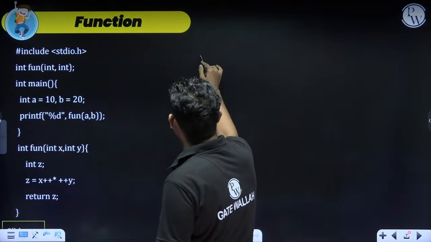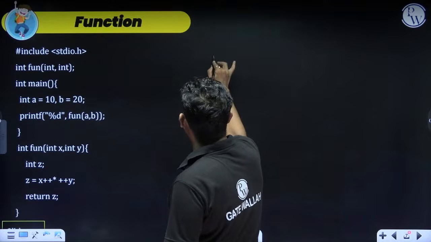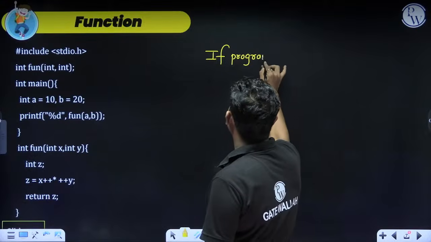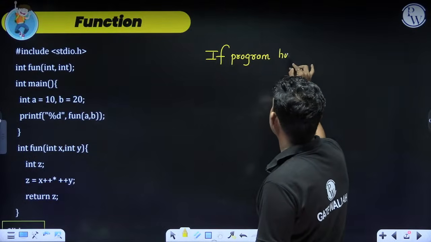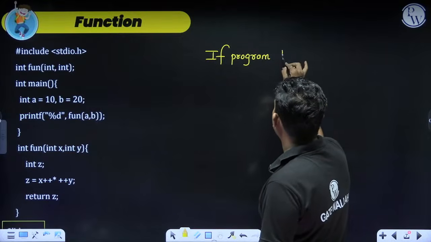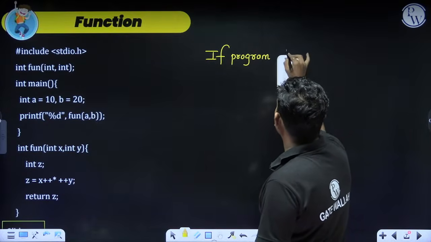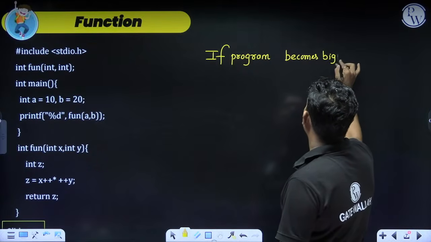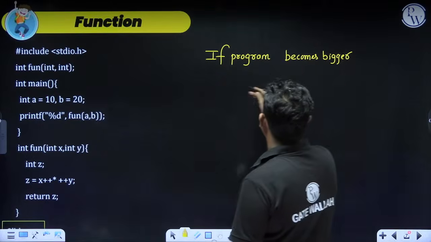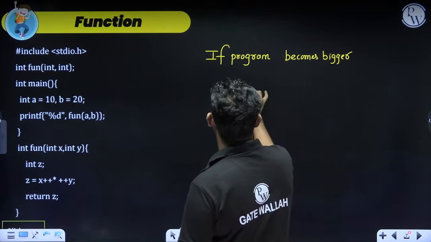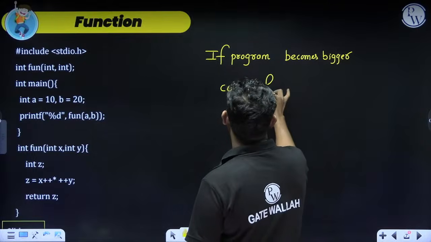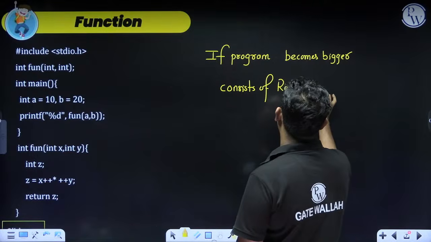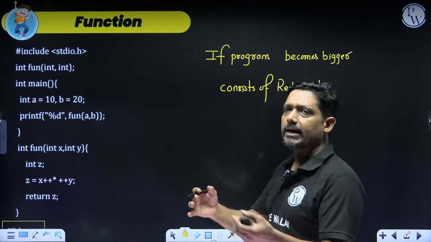Okay, so once the things that you are writing, you are developing programs, it is unnecessarily getting bigger. If a program becomes bigger, it consists of redundant code. Okay, not a unique code, redundant code, a code that is getting repeated again and again.